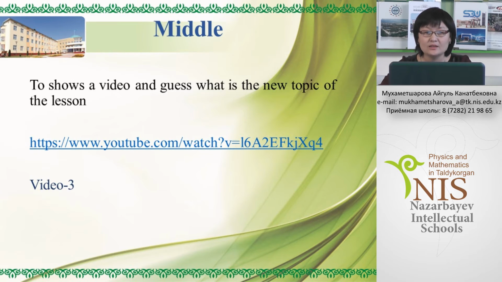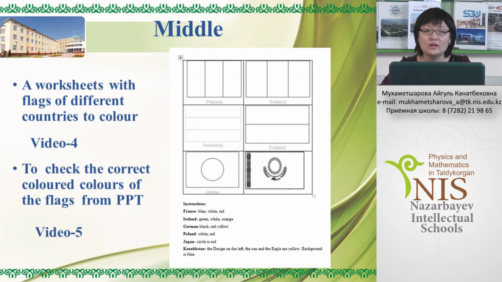Okay, so next activity, after guessing what our new topic is, I gave a worksheet to every student. You see it on your screen. There are 6 flags of 6 countries. According to the colors, they have to color them.